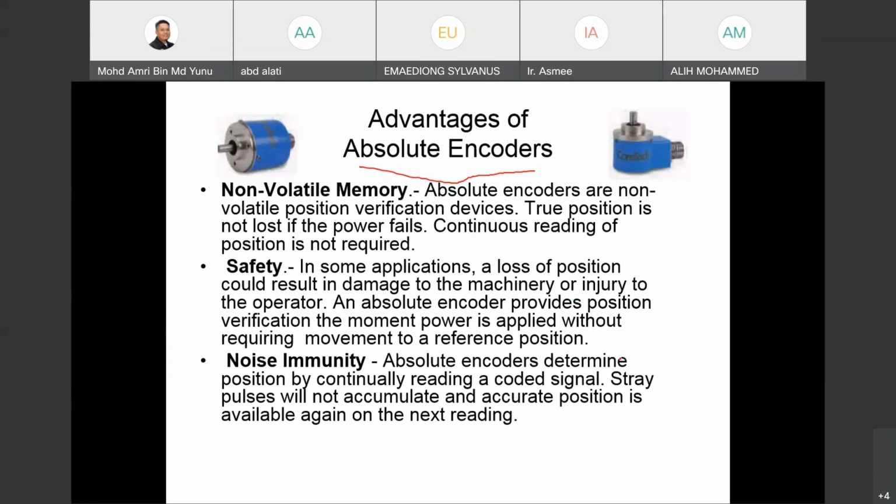Okay, so it is a safety feature, and also it is immune to noise, because the output is based on a coded signal. Like I explained, the best way is to have a unique pattern which only changes one bit between steps, like a gray code.